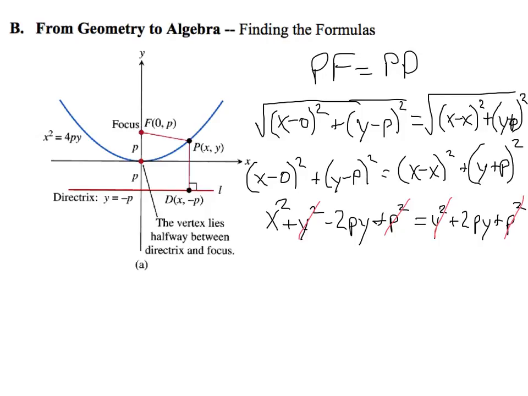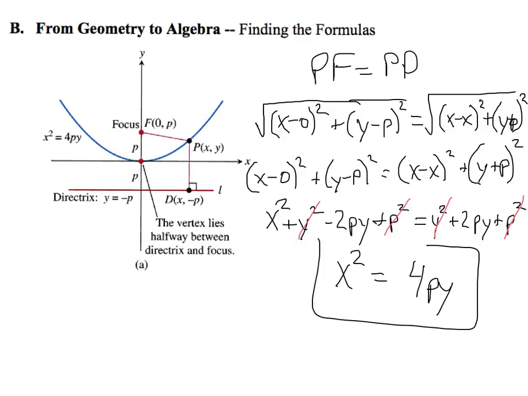And so the only other thing I'm going to change is I'm going to combine the two py terms. So I'm going to add 2py to this side, so that goes away. If I add 2py to that side, it's going to, in the end, get me x squared equals 4py. I know it seems a little confusing, but that's actually the formula that we want to use for a parabola that opens up or opens down.